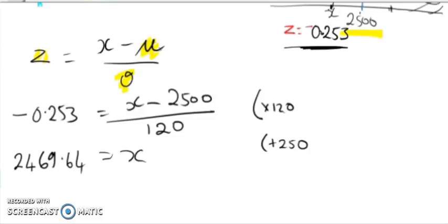So if you're looking for the mean or standard deviation, you just do the same little bit of algebra, undoing what has been done, so you're left with the one unknown on one side of the equals. Okay, so that's the end of inverse normal.